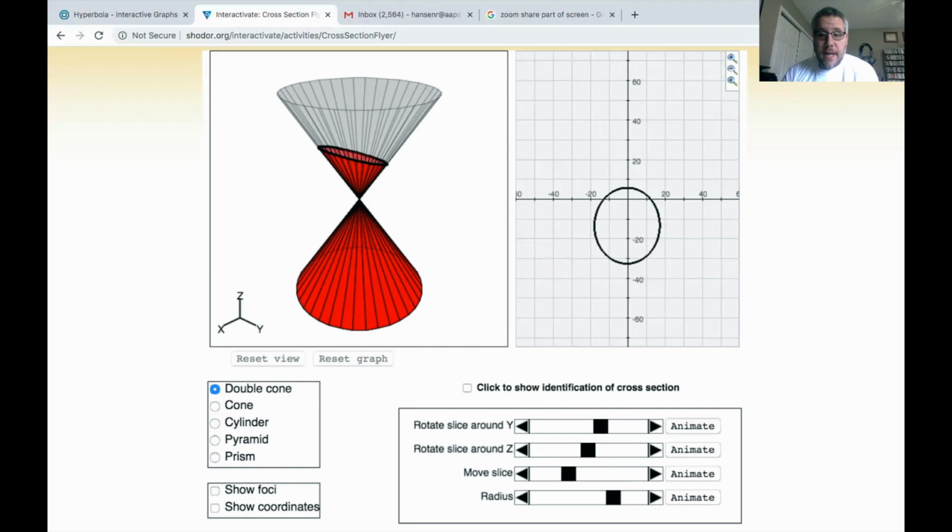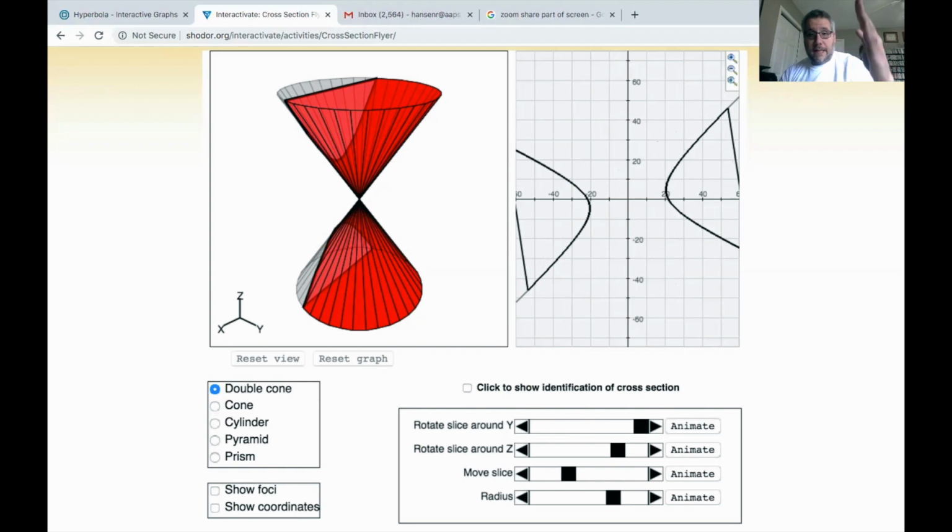Now, what we're going to do today is change the slice such that you're going vertically through both cones. And you can see here on the screen that you have two branches, and these branches form the hyperbola. So this shape is the hyperbola with these two branches.